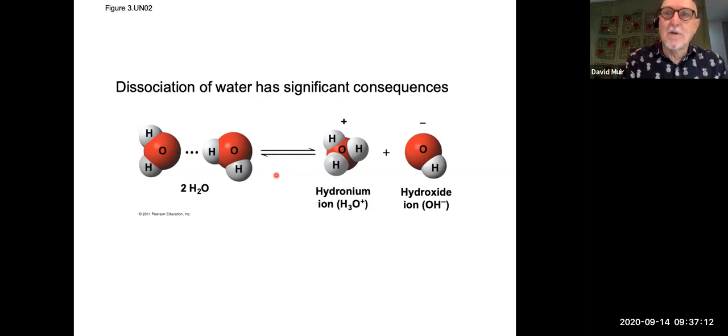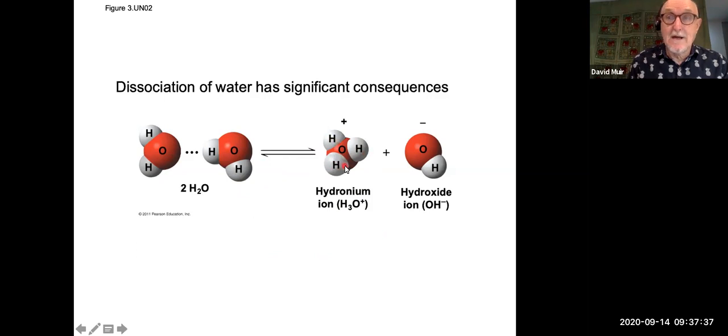This is probably not all that common, but it does something very, very important. First of all, if a water molecule splits in 2, we'll end up with a positively charged hydronium ion, H3O+. So we use 2 molecules of water in this dissociation.